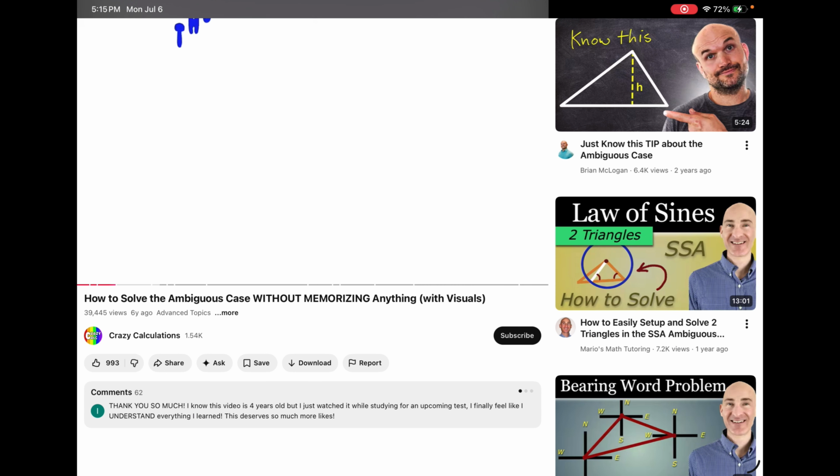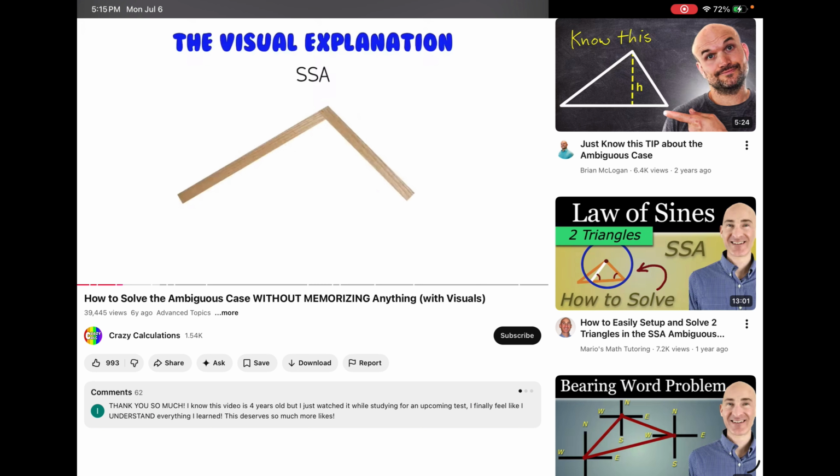And now, here's the visual explanation. I don't want you to think mathematically right now, just sit back and watch the visuals. So, you're given side-side-angle, right? That gives you 2 sides, and I tried to make these look sort of like wood boards to remind you that you cannot change the side lengths of these 2 sides. These are set in stone, you can't change them.